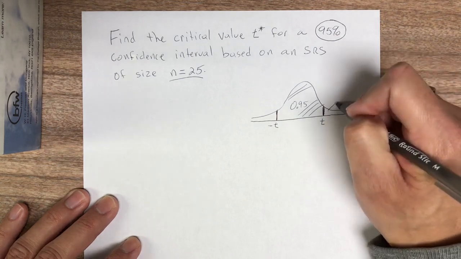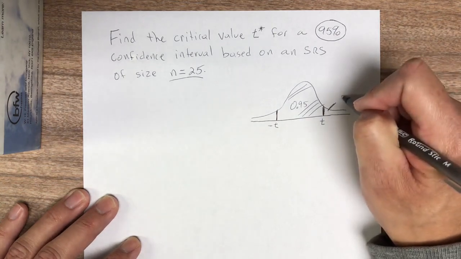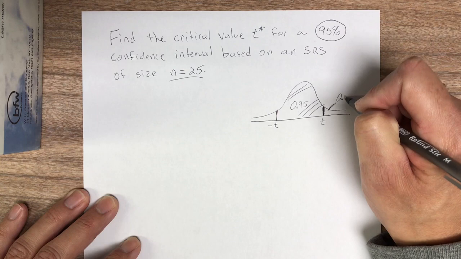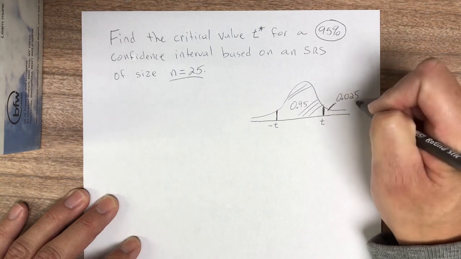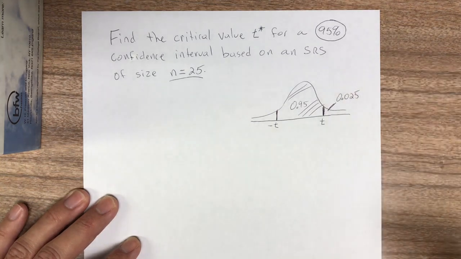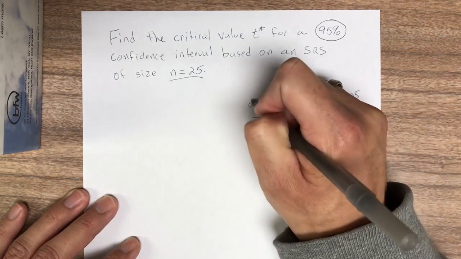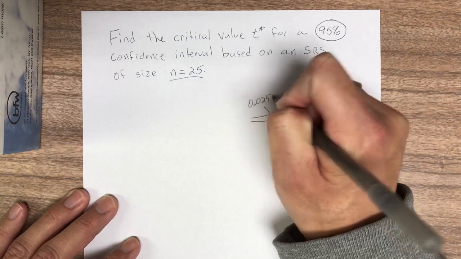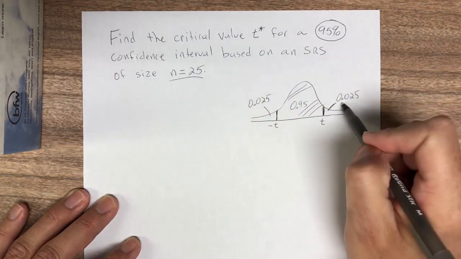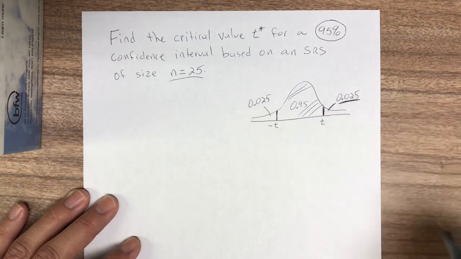Or as a decimal, 2.5% is 0.025. And the other side will also be 0.025. So this right here is the value that we're going to use in the calculator.